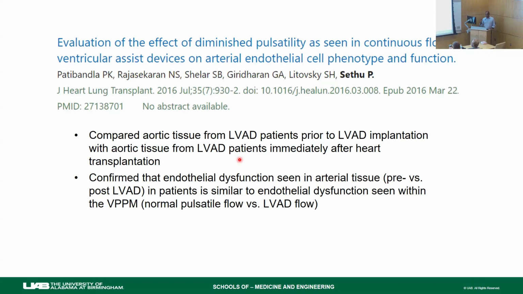So this is tissue that's experienced continuous flow from that point forward. So we compared this to normal pulse style flow and LVAD flow within our devices. We were able to show that the endothelial dysfunction that we saw in the patients was accurately mimicked in our devices. So we had a model which we were confident was going to model LVAD flow phenomena.